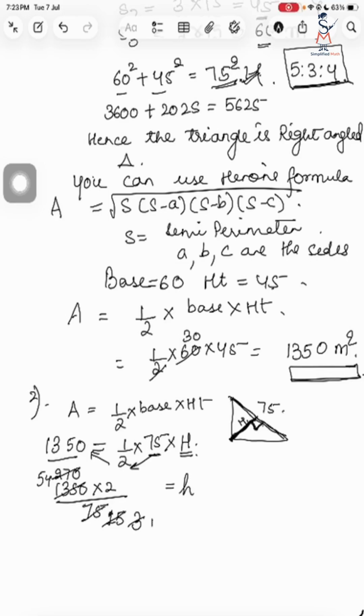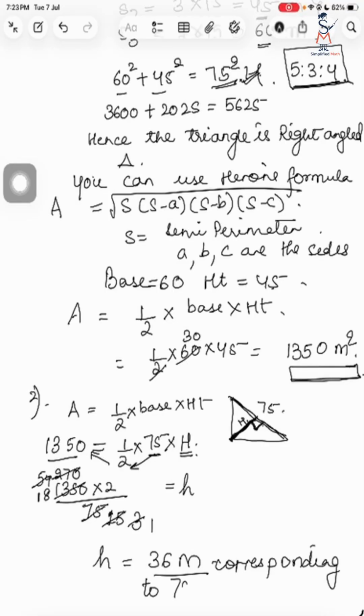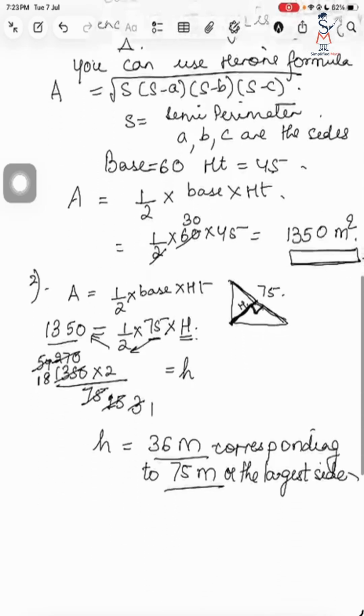So 3 ones are 3, 24, 8 threes are 24. So height is 18 into 2, that is 36 meter, corresponding to 75 meter, the largest side. Fine.